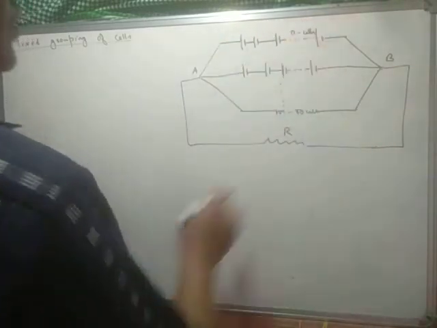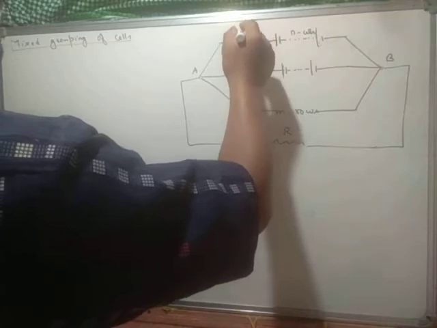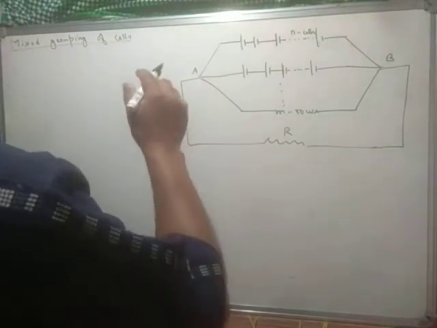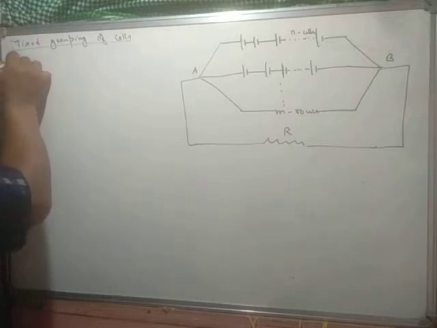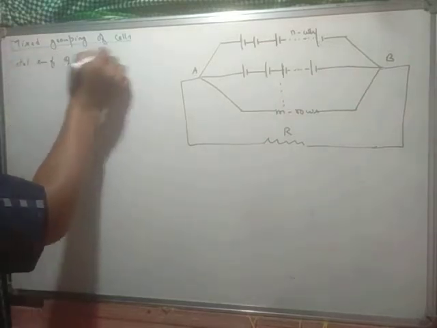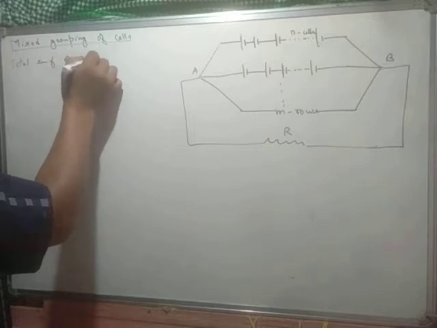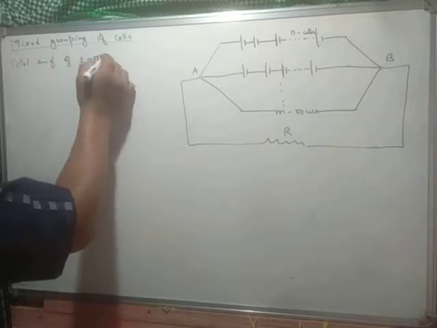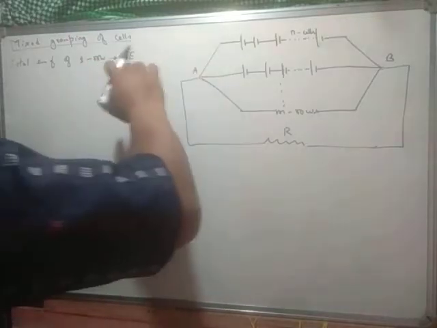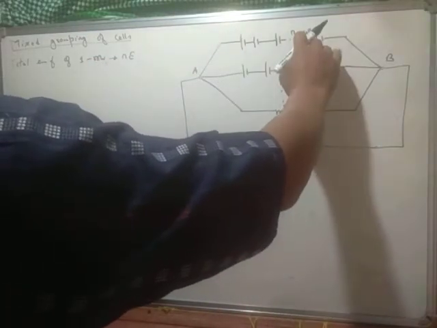Looking at the first row, how many cells are there? n cells. If each cell has EMF E and internal resistance r, the total EMF of the first row is nE.